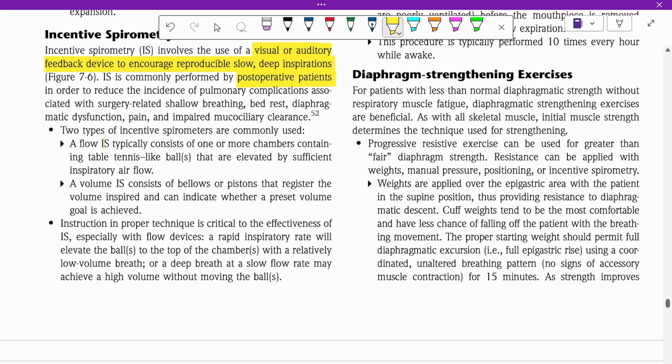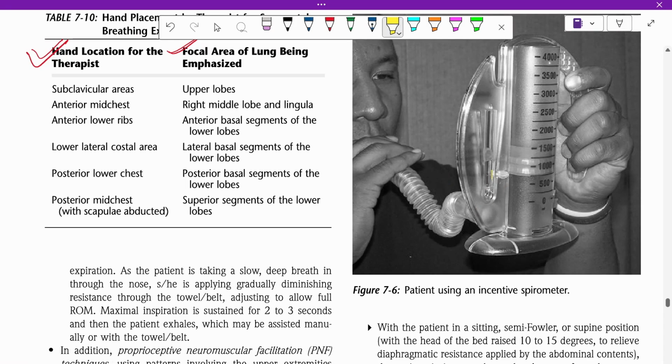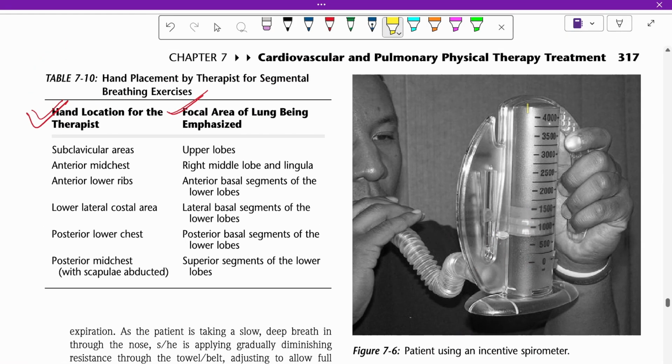A flow incentive spirometer typically consists of one or more chambers containing a table tennis-like ball that is elevated by sufficient inspiratory airflow. So this is the spirometer. Patient using incentive spirometer.